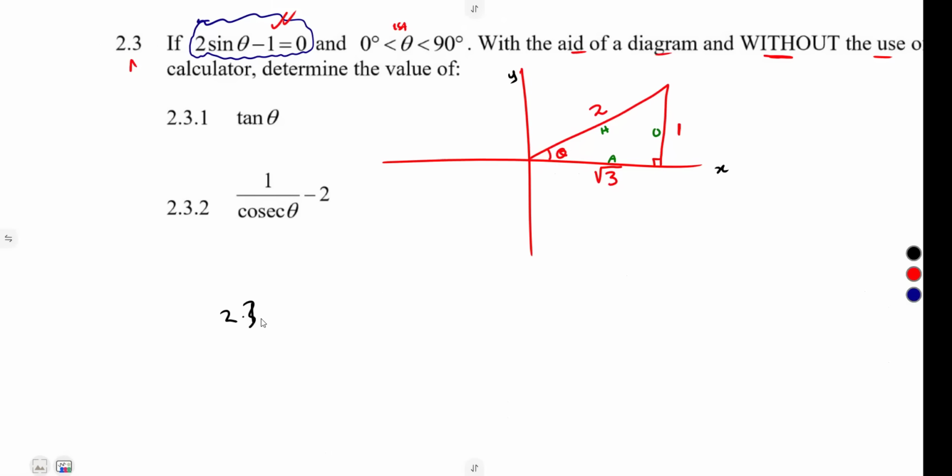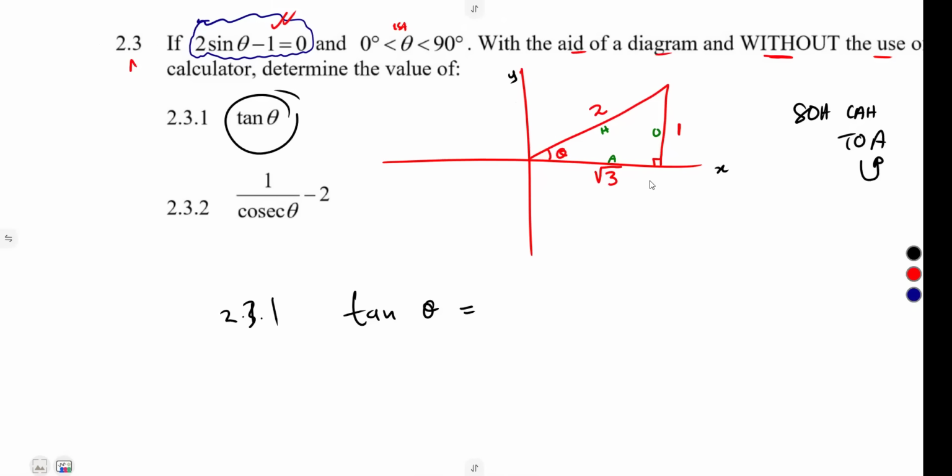So let's answer, guys, 2.31, the tan of theta. So the tan of theta from that SOHCAHTOA concept, guys, is opposite over adjacent. To find the tan of theta, we are going to need opposite over what? The adjacent. Opposite over adjacent, which simply means the y value over the x value.